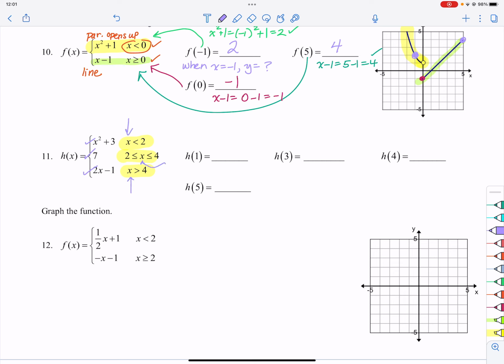So starting with h of 1, we can see that 1 is less than 2. So we will use x squared plus 3, which is 1 squared plus 3, which is 4. h of 3, 3 is between 2 and 4. So this is the one we will use.